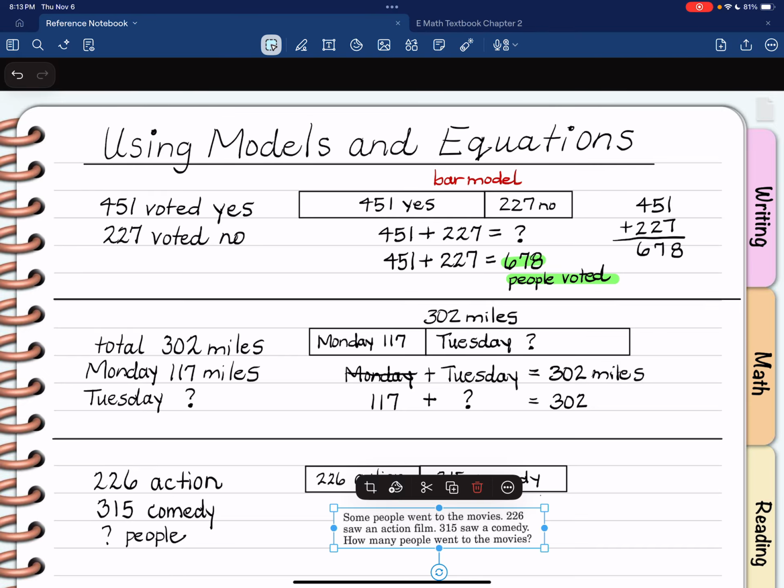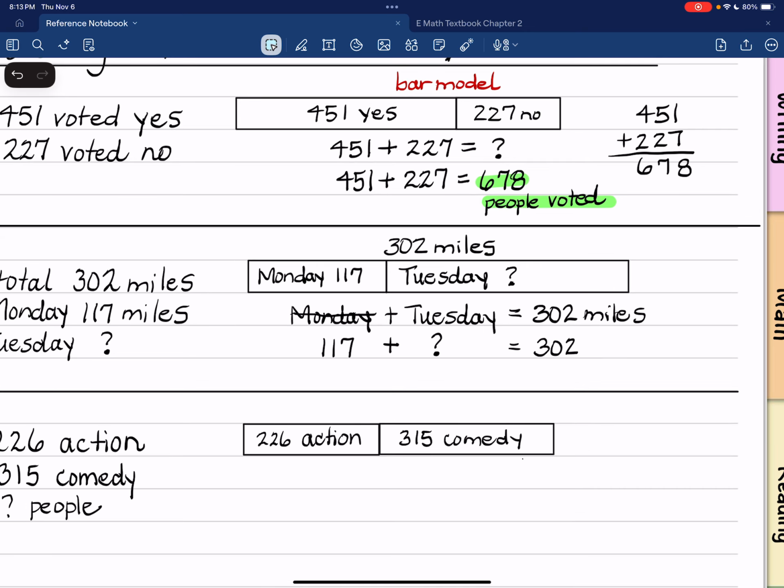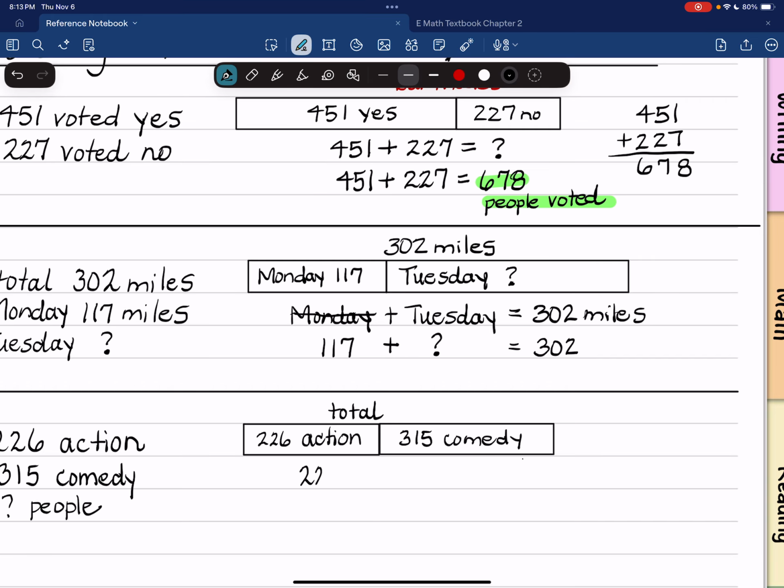So with that in mind, let's study our bar. The thing that we need to know is the total. We need to know what is this amount up here. Total number of people. And total means add. So I would do 226 plus 315.